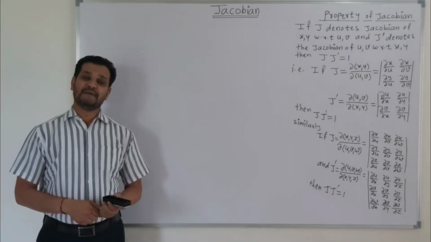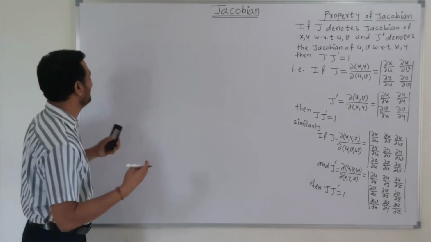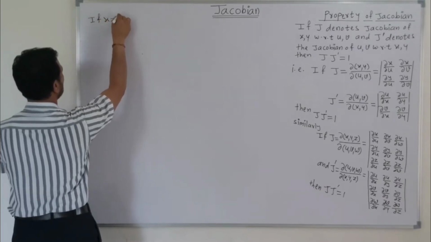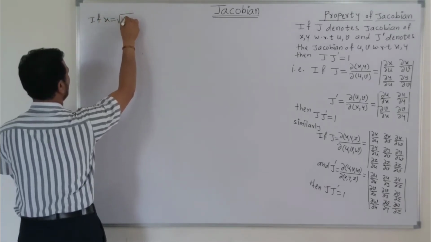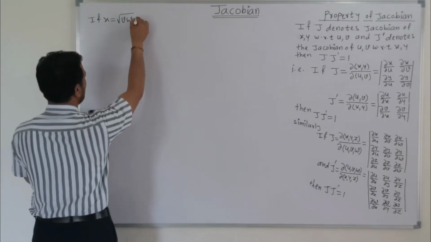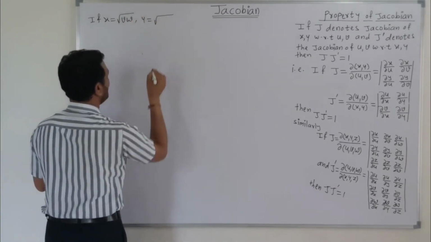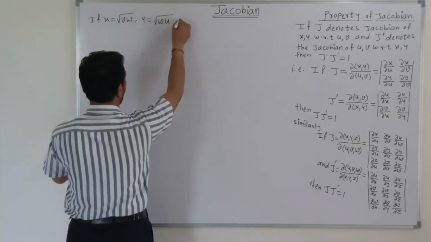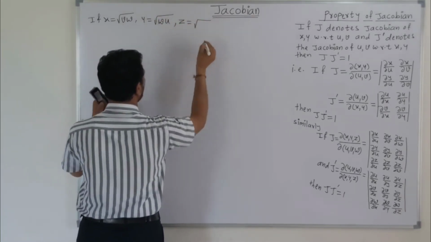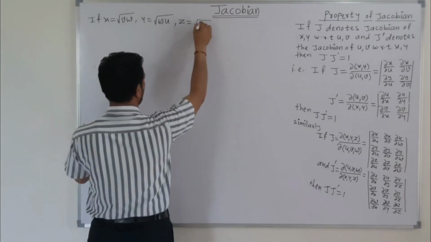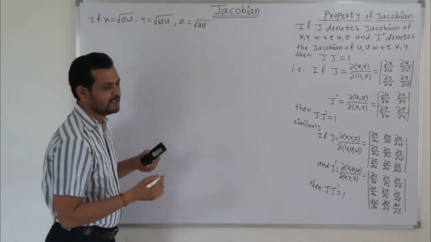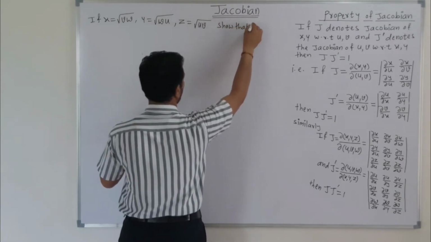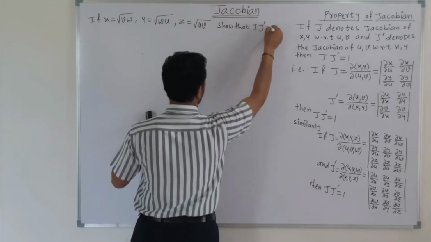So now friends, let's take the next example. If x is equal to root of vw, then y is root of wu, and z is root of uv. The question is to show that j into z dash is 1.